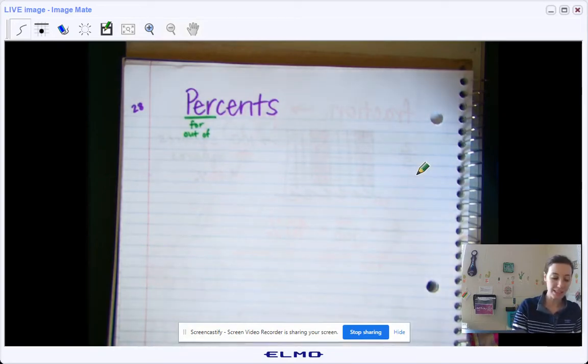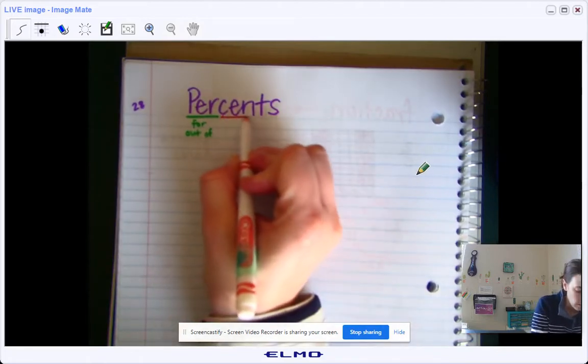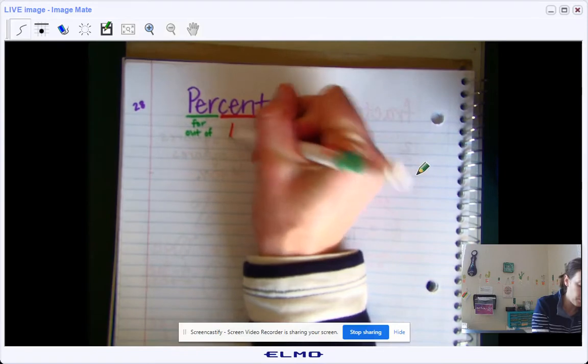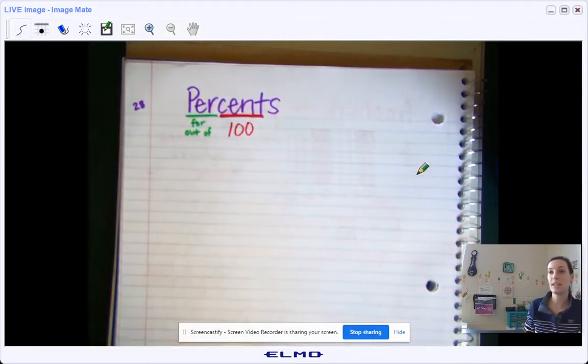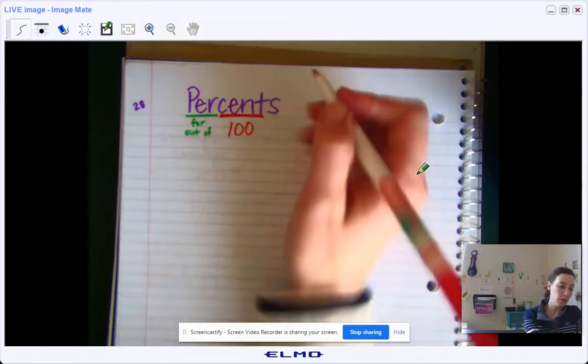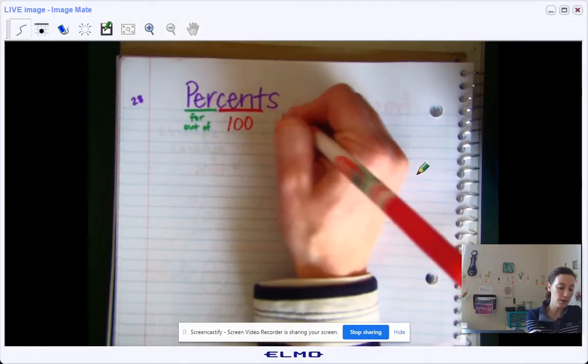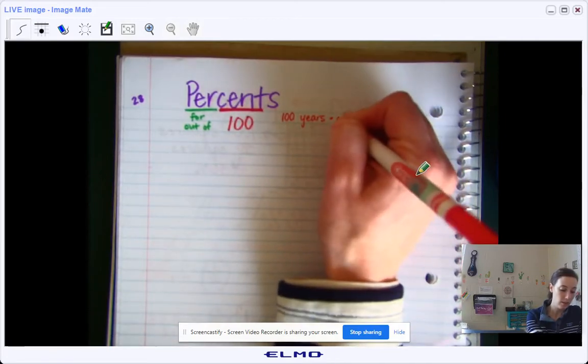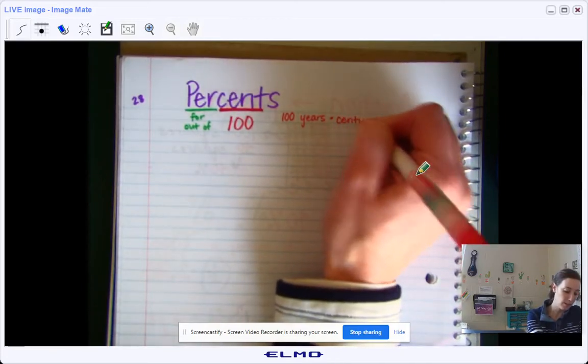Then the word cent comes from the Latin root for 100. So per cent just means out of 100. So ways to remember that: there are 100 years in a century. Notice that prefix there.